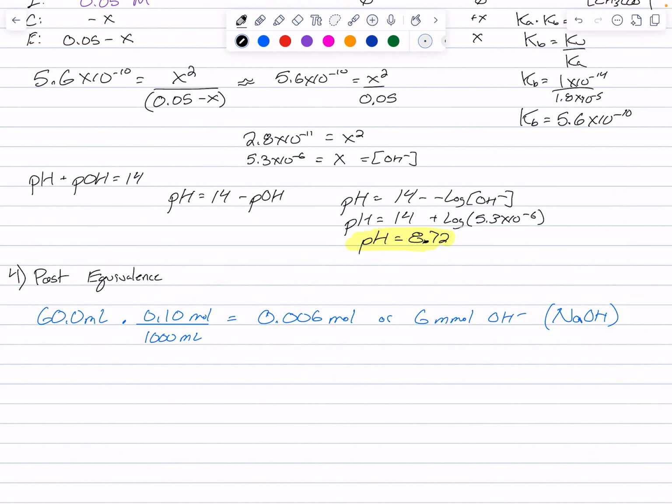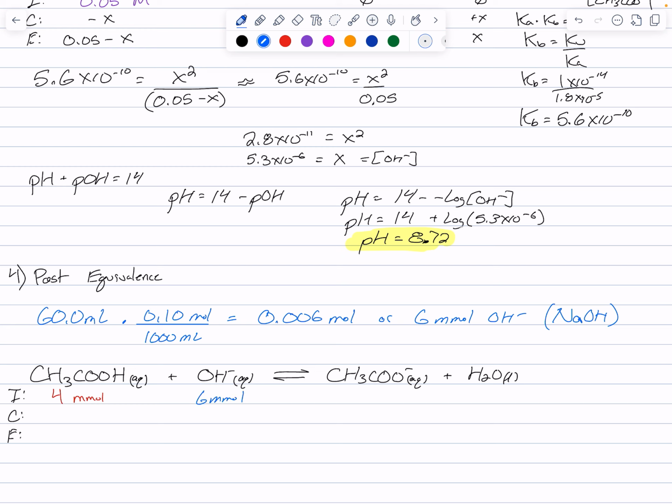Our net ionic equation: CH3COOH (aq) plus hydroxide gives CH3COO minus and water. In our ice table, we're starting off with 4 millimoles and 6 millimoles and 0 millimoles.